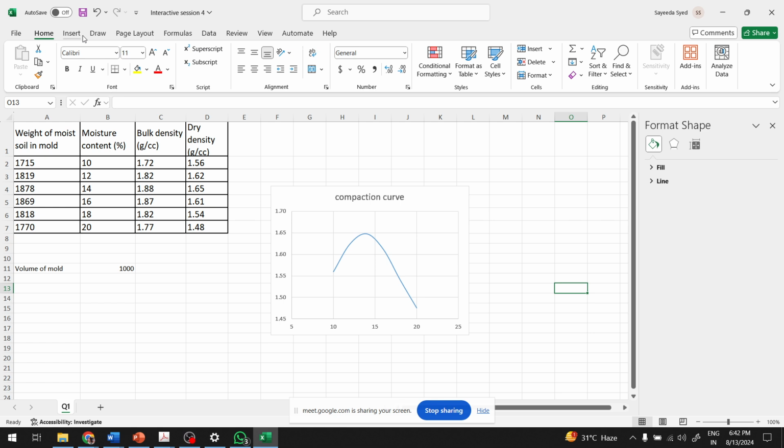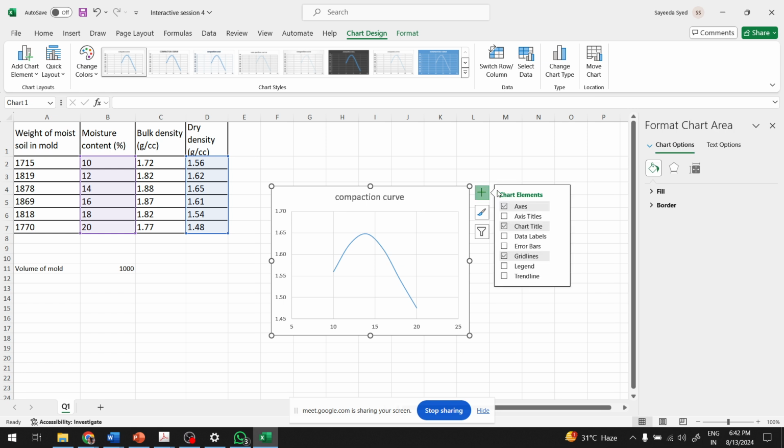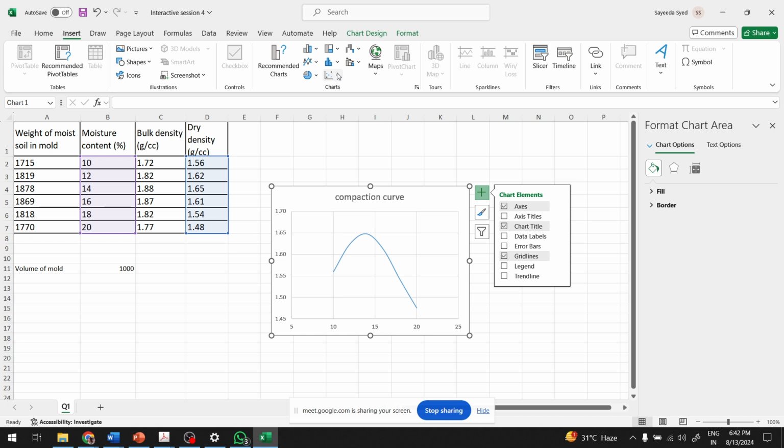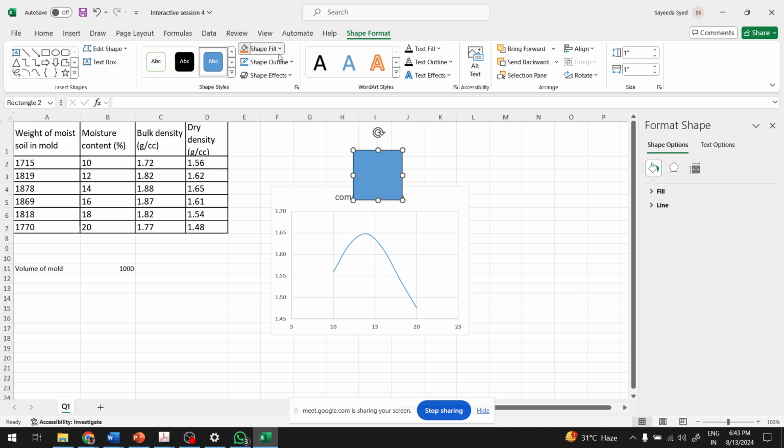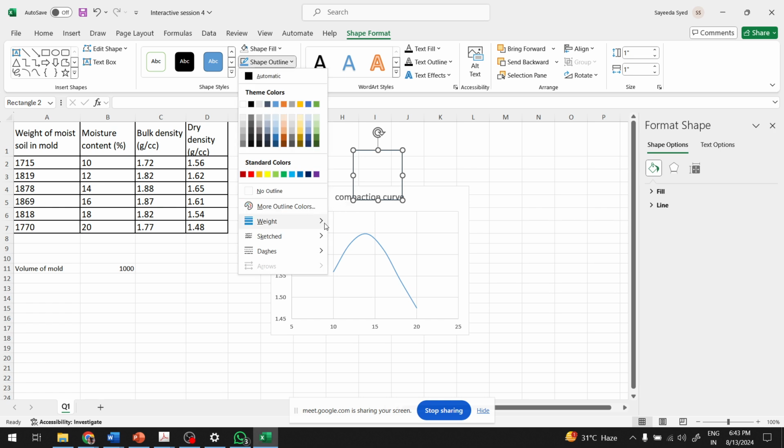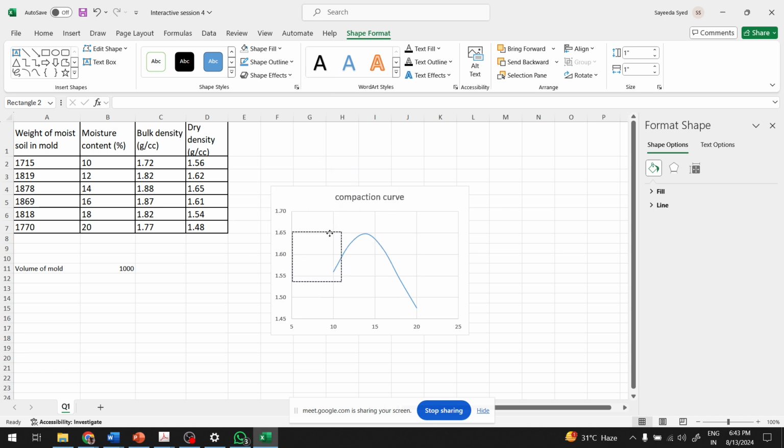Let's try to calculate the OMC and the MDD. Use a dashed line somewhere here.